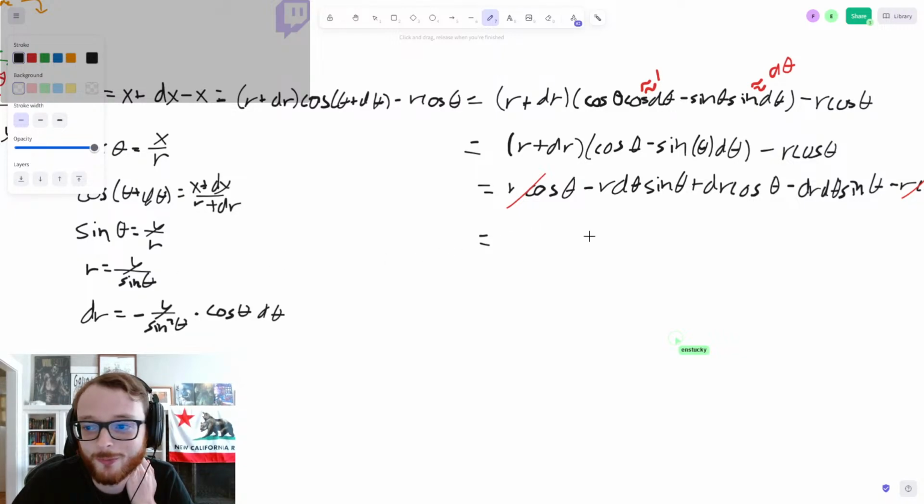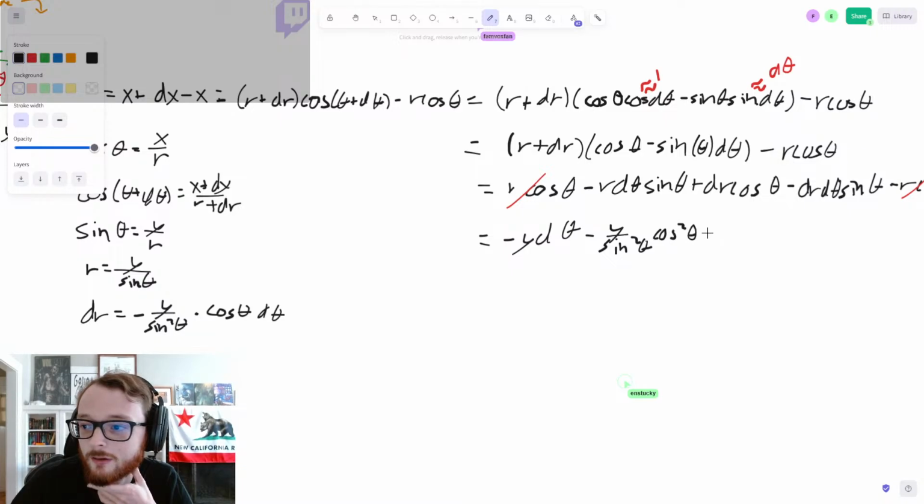Oh, and r is y over sine theta. So this first term just becomes minus y d theta. Right. Okay, that gives me a little bit of hope. dr becomes minus y over sine squared theta times cosine theta d theta.